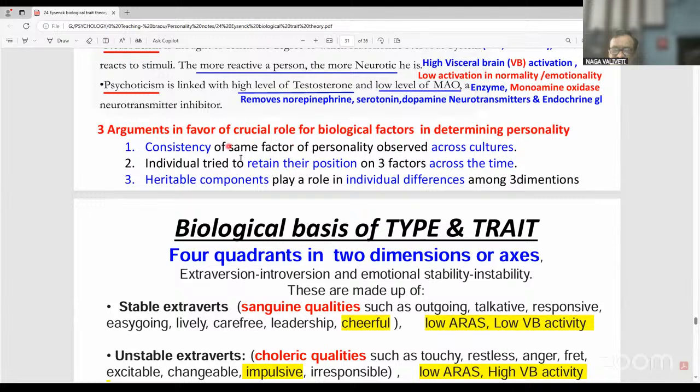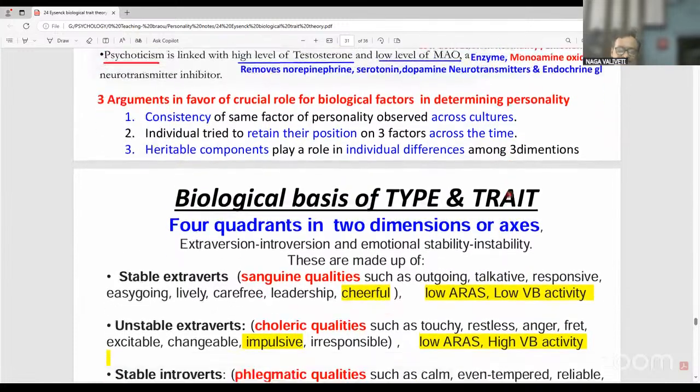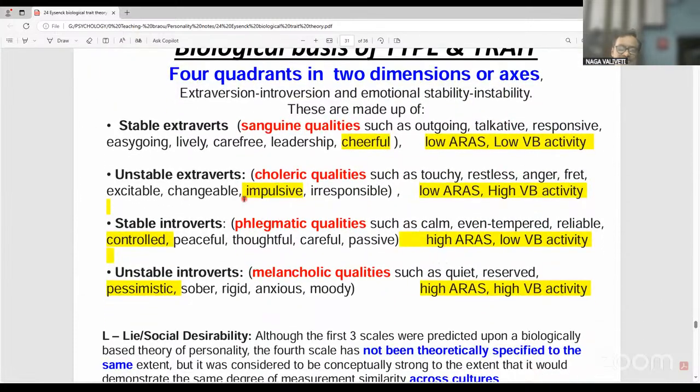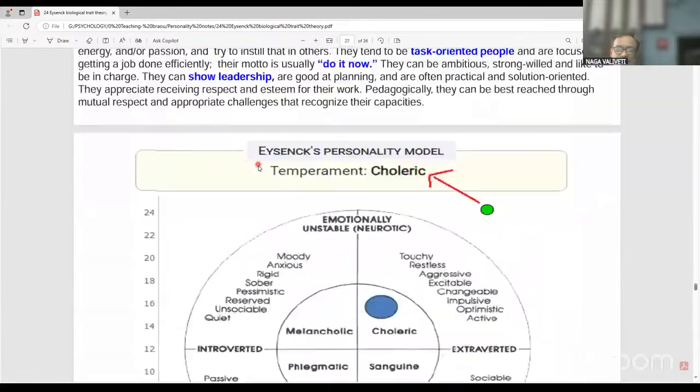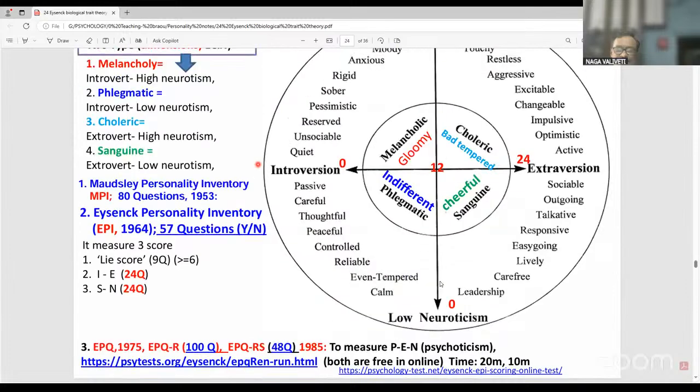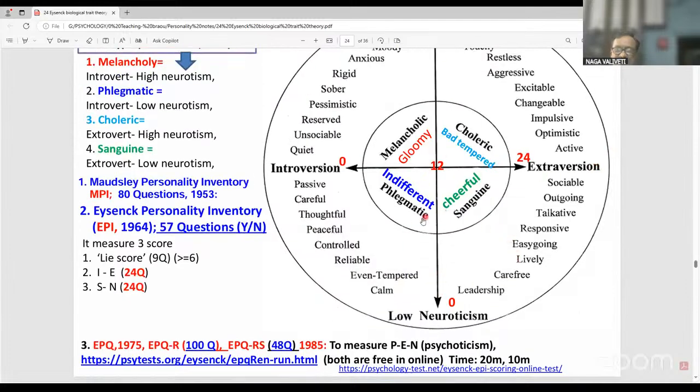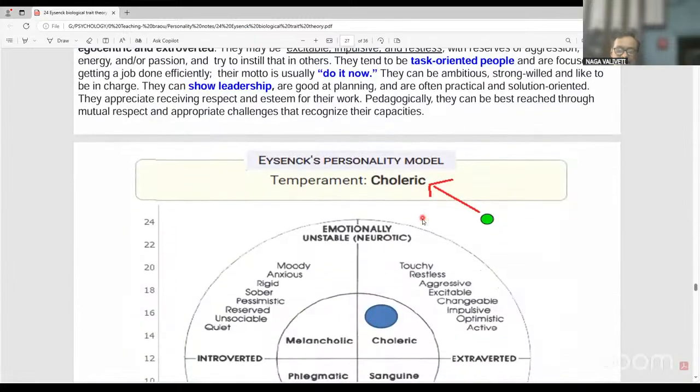The same consistency of factors is seen across culture and age. Heritable components play a role in individual differences. So this is a biological approach, and automatically this is expected. Same as whatever we have discussed here, low and high. This map, low neuroticism, whatever is there, I wrote here verbally.